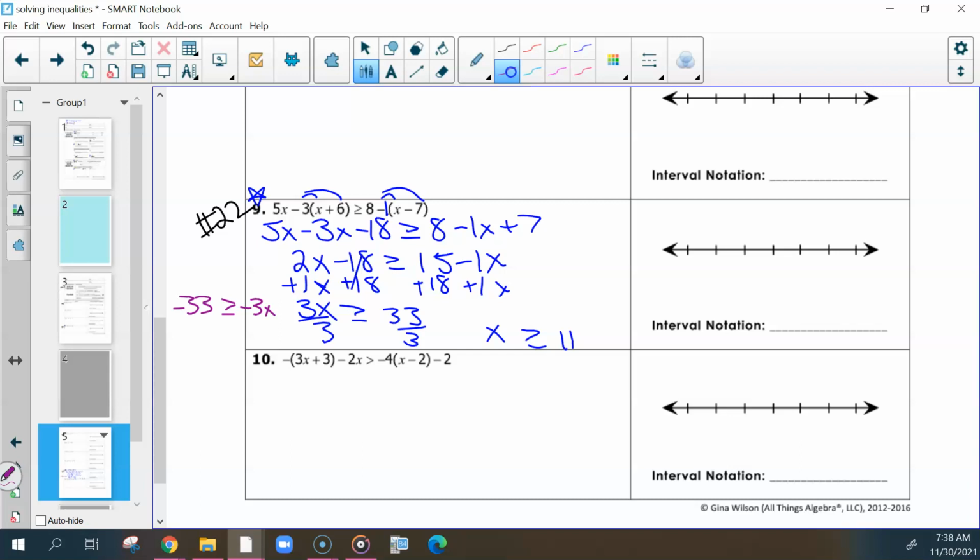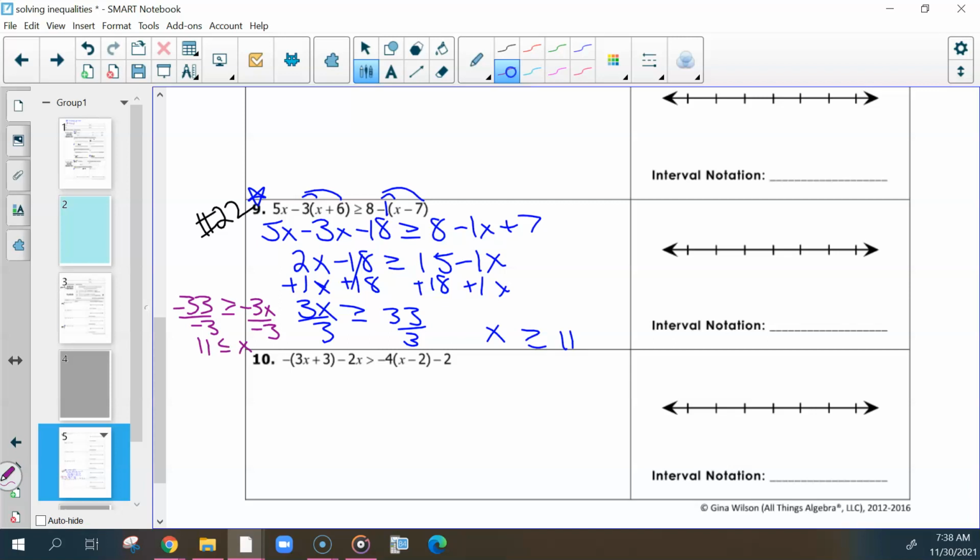It would still come out to be the same thing because when I divide, I have to switch the sign. It doesn't look the same right now because it's flipped.